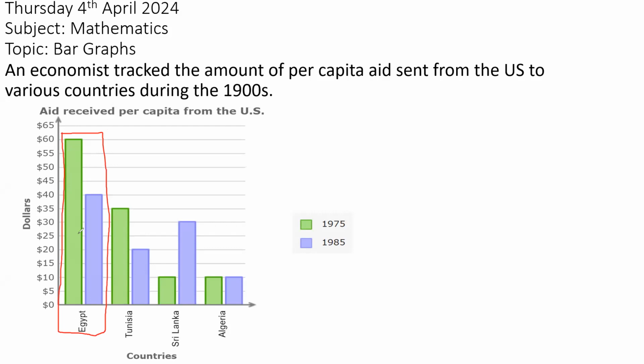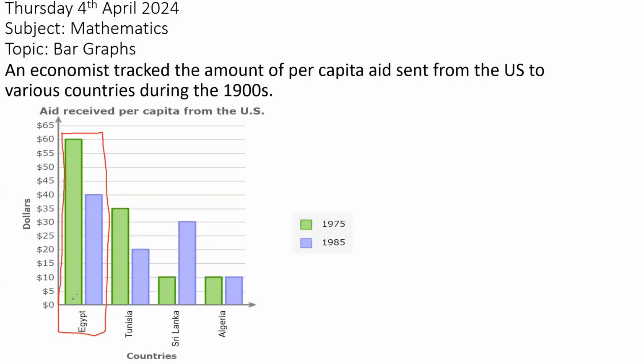I need someone other than Jevin. Yes, sir, I understand. What country are the two bars that I have outlined in red representing? Egypt, sir. Very good. Egypt, yes. So good afternoon.